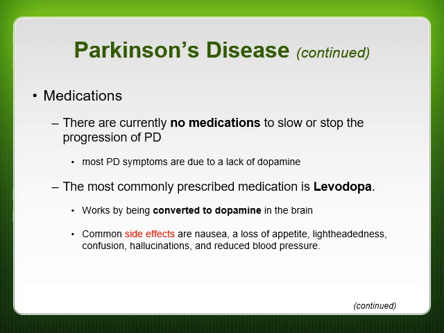However, side effects, right? No free rides with any medication. Nausea, loss of appetite, lightheadedness, confusion, hallucinations, and reduced blood pressure. All things that really help somebody want to be very active and exercise quite a bit, right? This is why you got to know these meds. Again, don't memorize them, look them up.